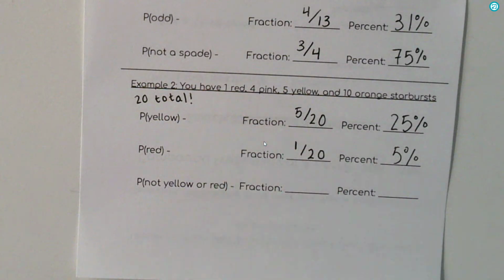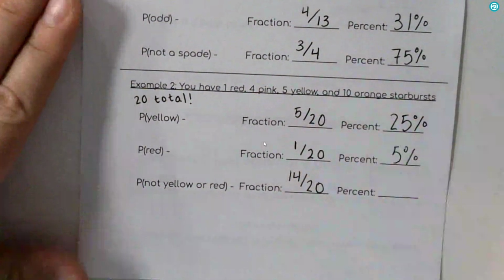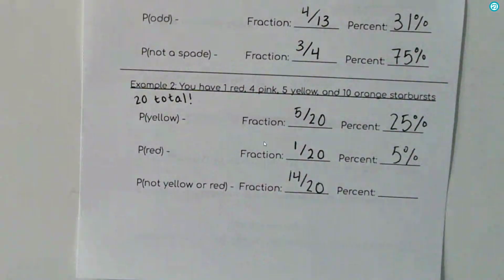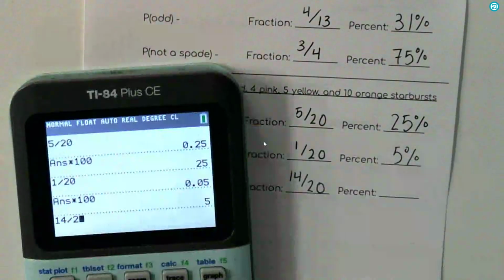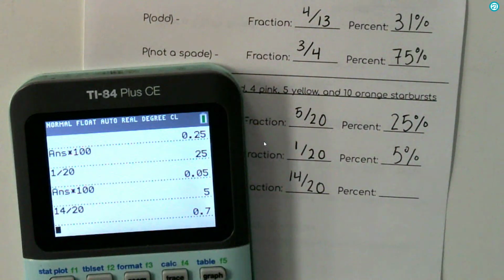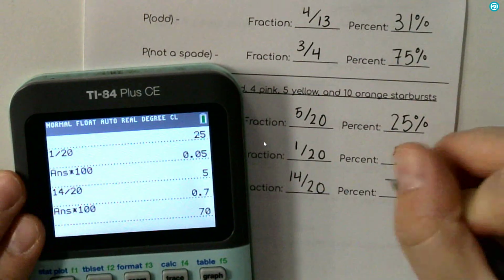That's going to be 14 out of 20. You could find this by finding the probability of picking yellow or red and then subtracting it from 100, or you can do it this way, it's faster. 14 divided by 20 is 0.7. Multiply that by 100, that is 70%. Not 7%, 70.